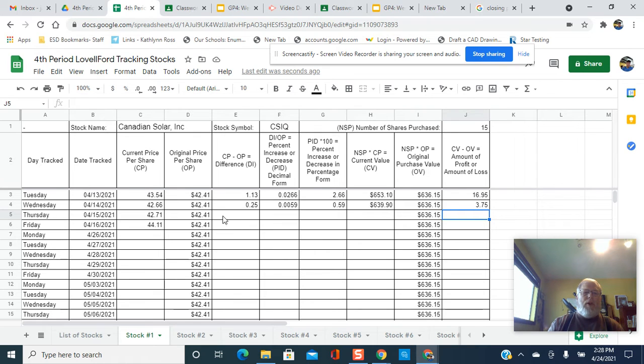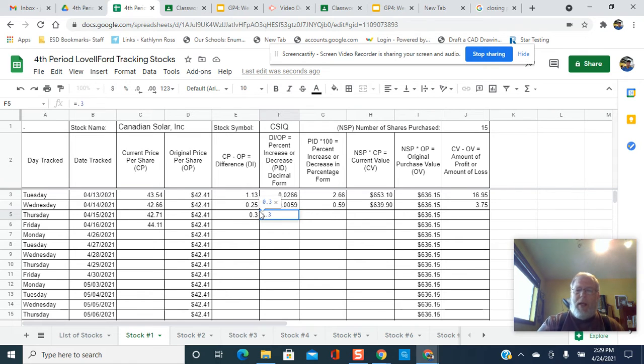So do this for every day. We're going to do the same process. So we're going equals, or subtracting, 42.71 minus 42.41. Okay. So there's our difference. We're going to take and divide that difference.